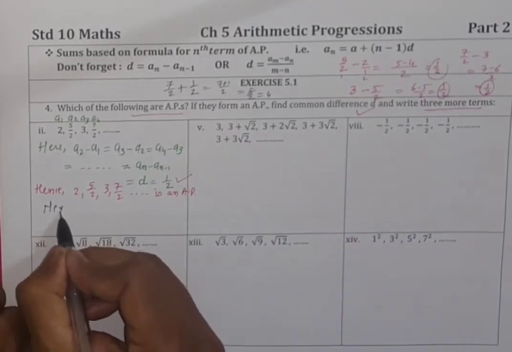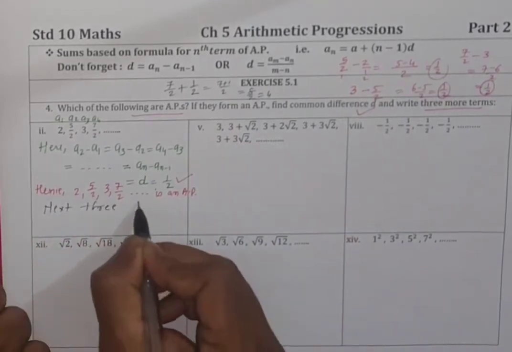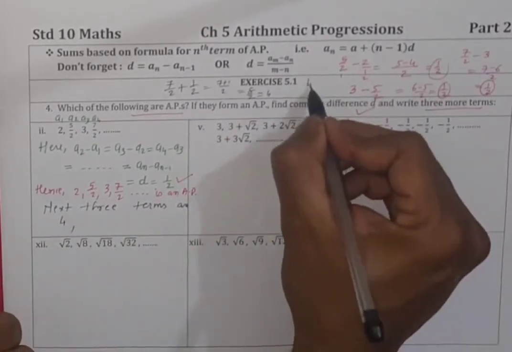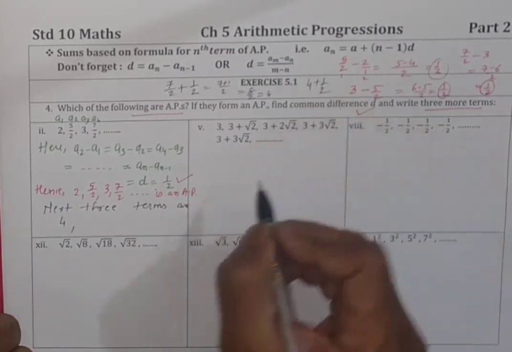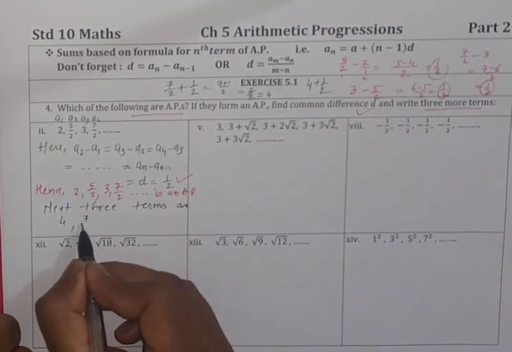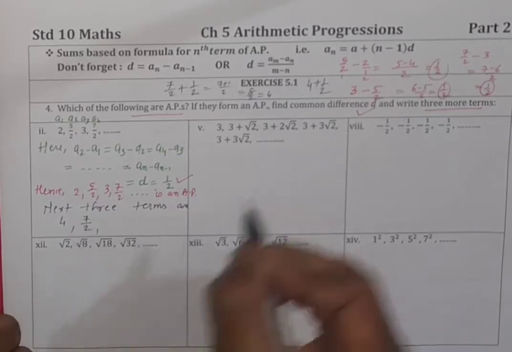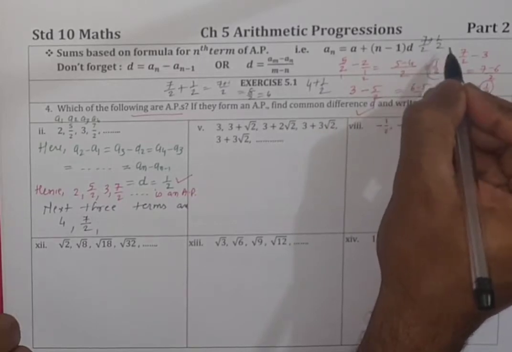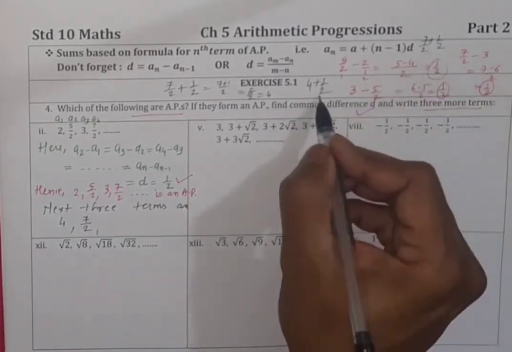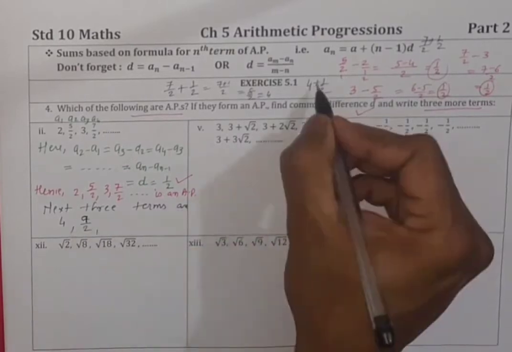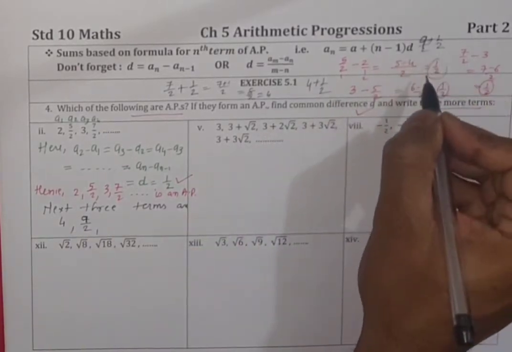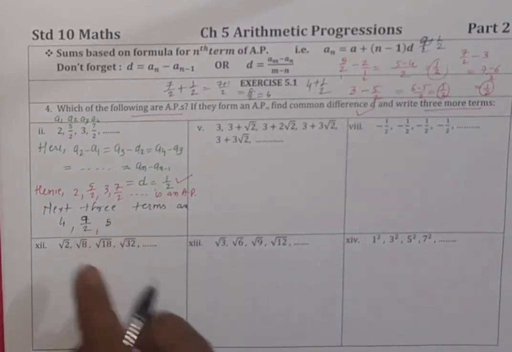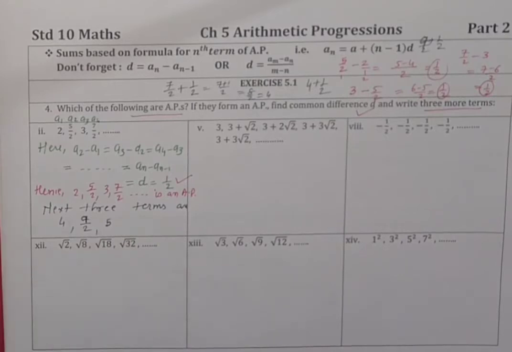So next 3 terms are, what came, 4, then add common difference 1 upon 2 again, that will be 9 upon 2. Sorry, I said 7 upon 2, this is 9 upon 2. To 9 upon 2 add again half. So what will that be, 5. Okay, so next 3 terms are 4, 9 upon 2 and 5.